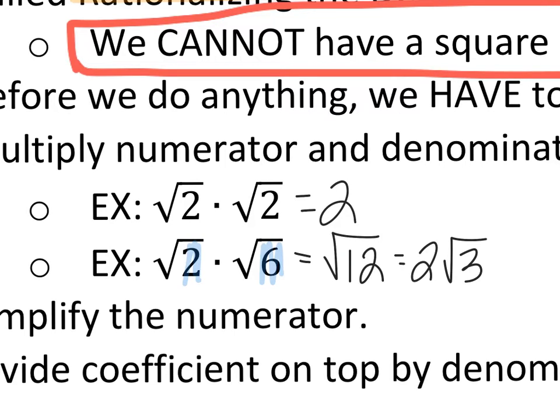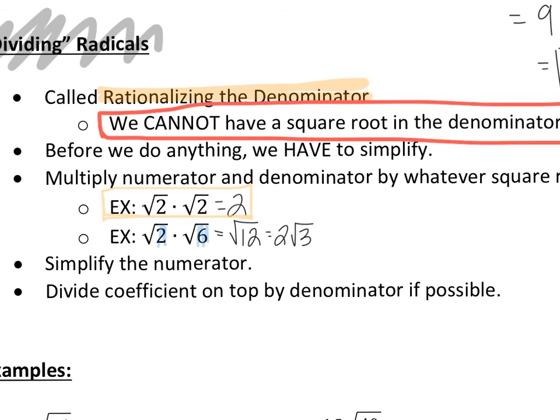Because if we multiply the numerator and the denominator by whatever is in the denominator, this is what's going to happen. We should be able to cancel out the square roots and be left with whatever's down in the denominator. After we do that, we simplify the numerator, and then we divide the coefficients on top by the denominator if it's possible.